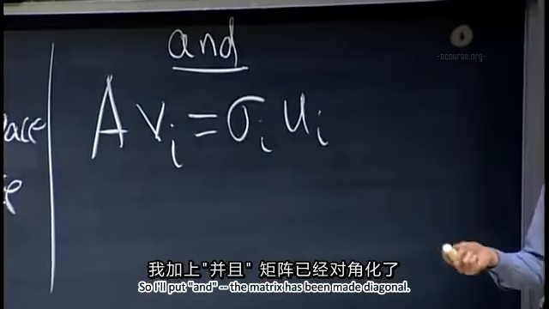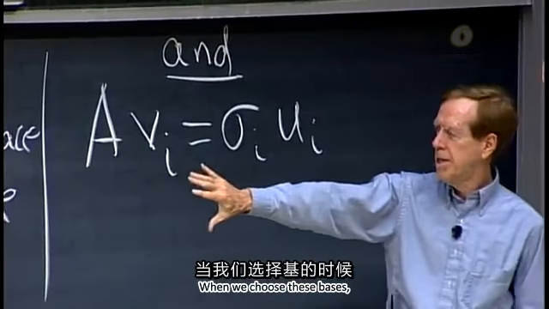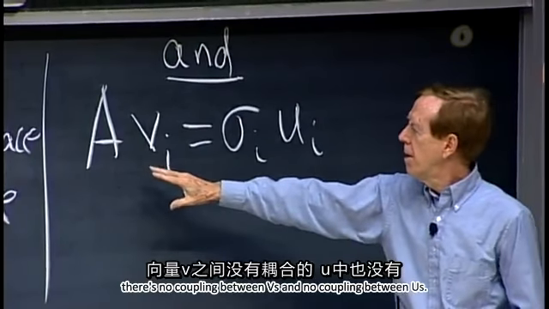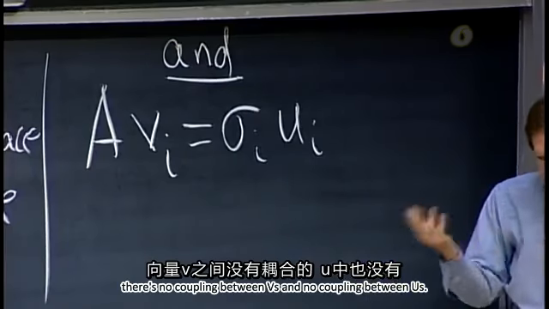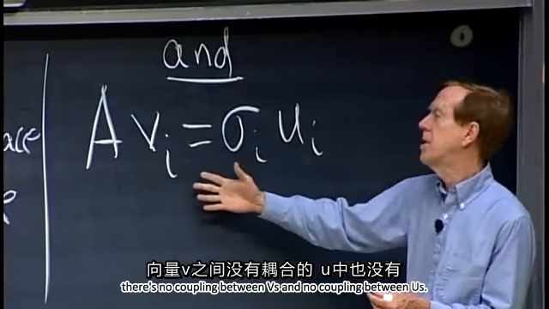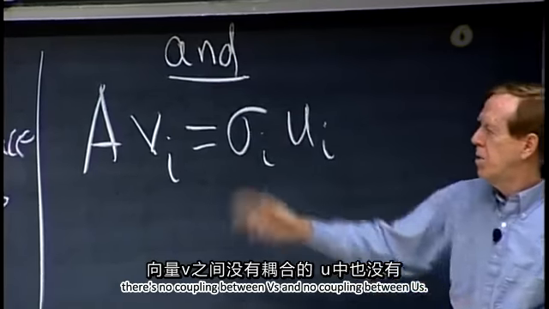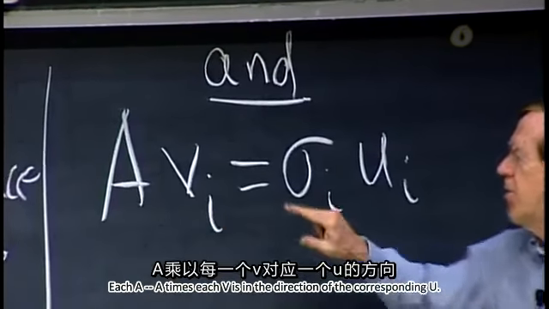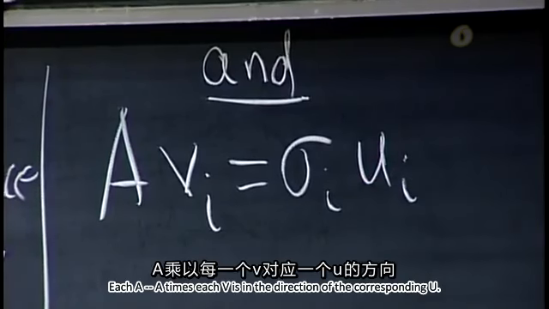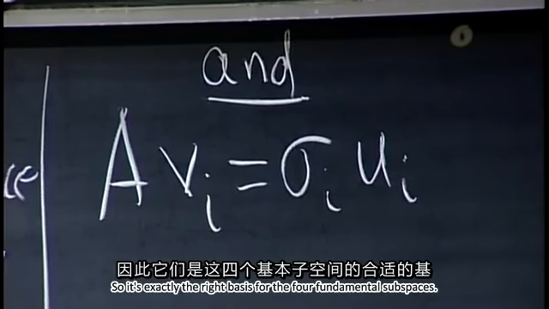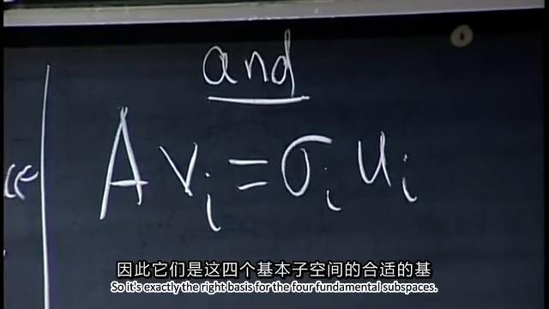The matrix has been made diagonal. When we choose these bases, there's no coupling between V's and no coupling between U's. Each A times each V is in the direction of the corresponding U. So it's exactly the right basis for the 4 fundamental subspaces.